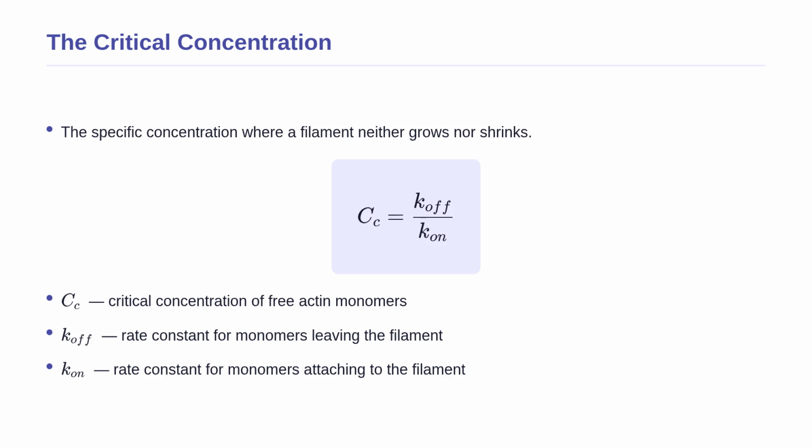We define this exact concentration of free actin monomers as the critical concentration, denoted by C sub C. In this formula, K off represents the rate at which monomers leave the filament, and K on represents the rate at which they attach. If the off rate increases, the critical concentration goes up. If the on rate increases, the critical concentration goes down. This delicate ratio dictates the baseline stability of the filament.